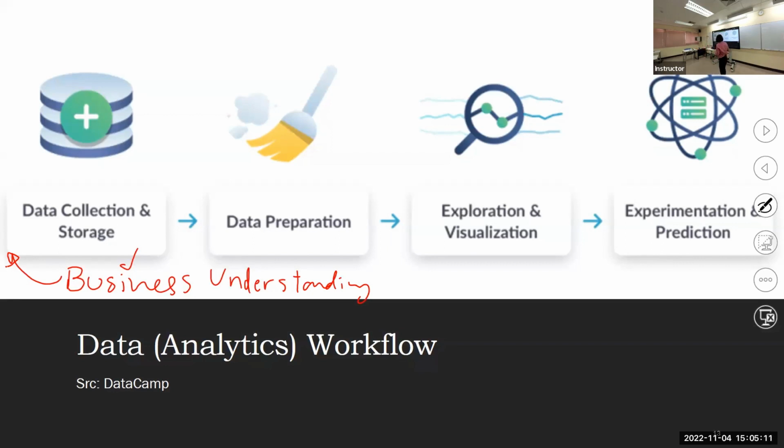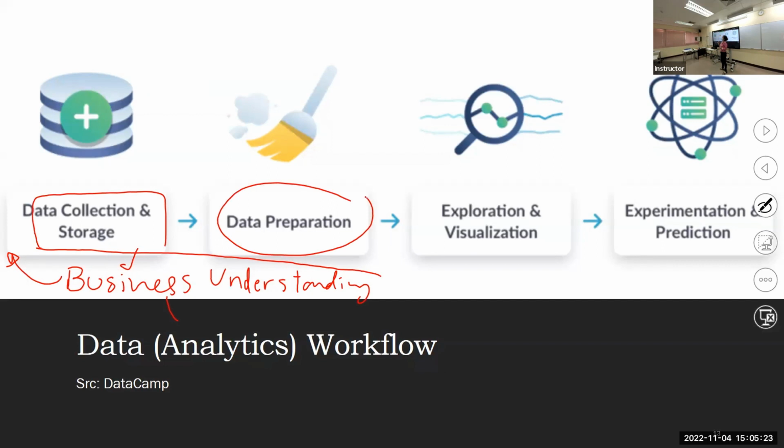Okay. And after you understand the business problems, you can start with collection, then preparation, then exploration and visualization, actually to understand the data in deeper detail. And then making or building the model.